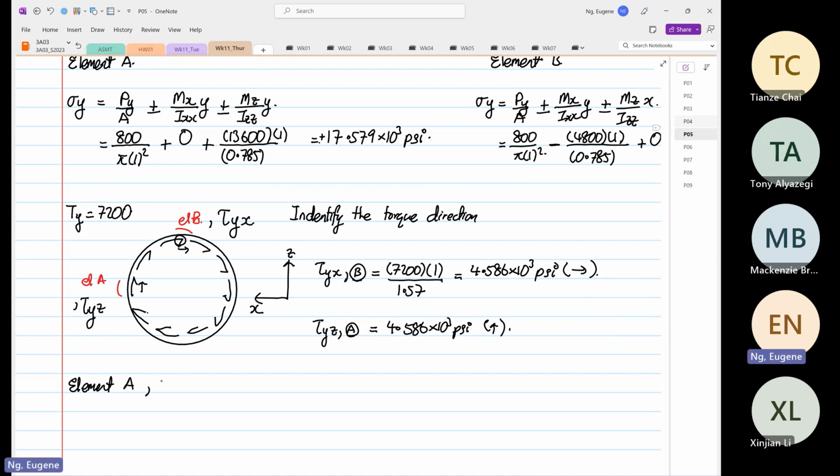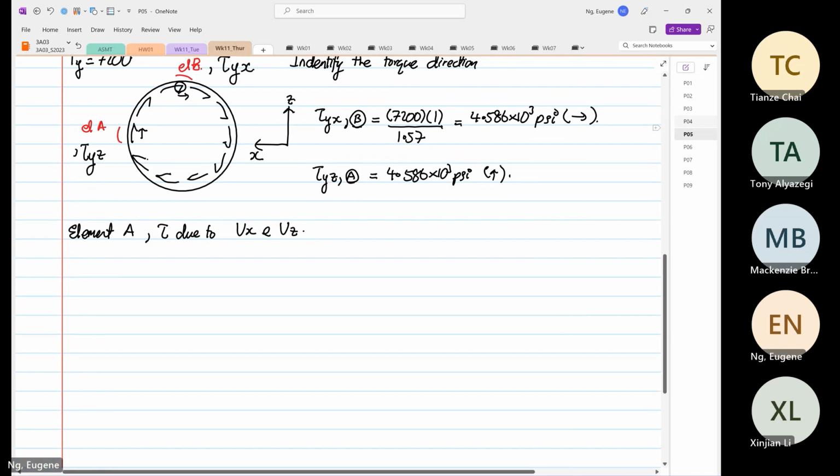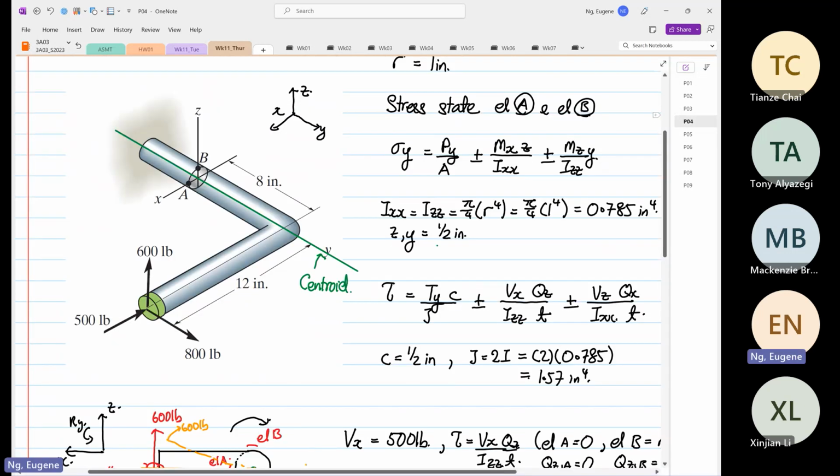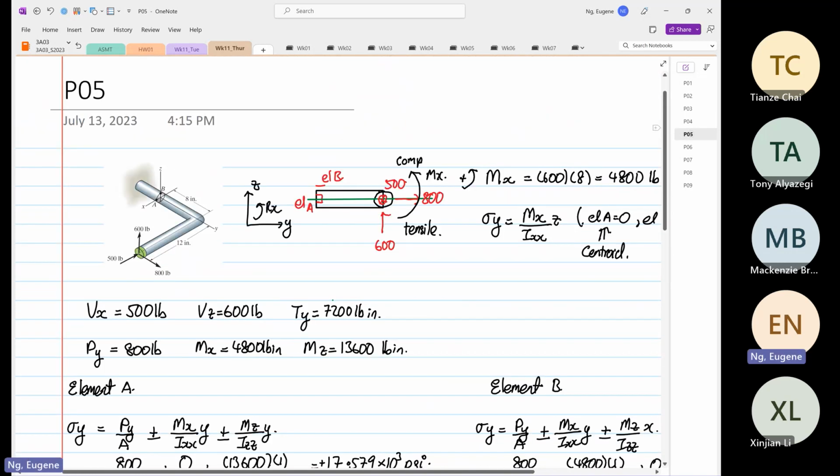We're going to determine the shear due to Vx and Vz. Okay. So we're going to focus on element A. So if we look at our direction for Vx, okay, so Vx is in this direction.